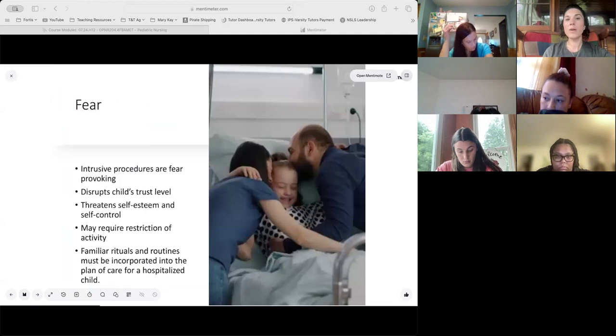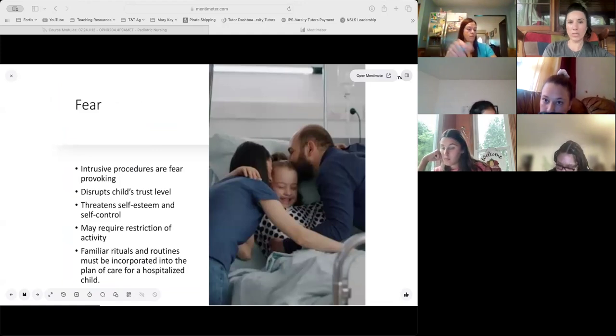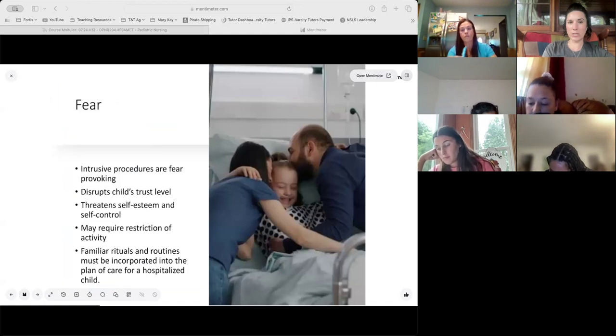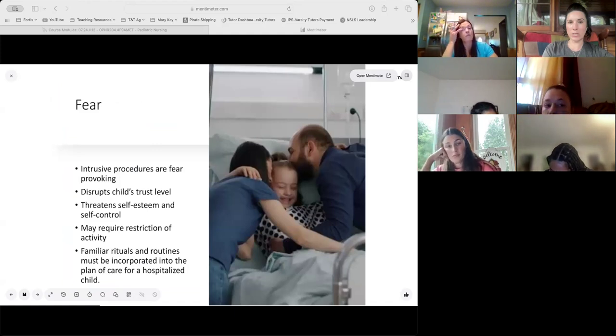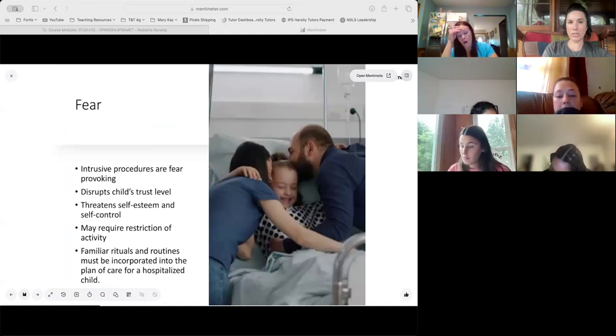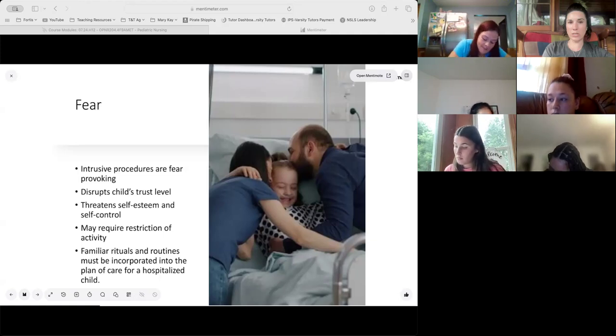We talked about all the fear that comes along with being in the hospital. We've got these invasive procedures that we're doing. We're disrupting your trust because we've got all these new faces coming in and out. It also threatens our self-esteem and our self-control. We take away pretty much all of your decision making. We tell you what to wear, we tell you what to eat, when you can get up, if you can get up.